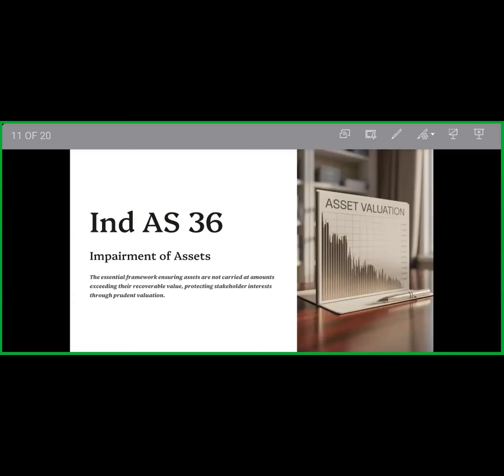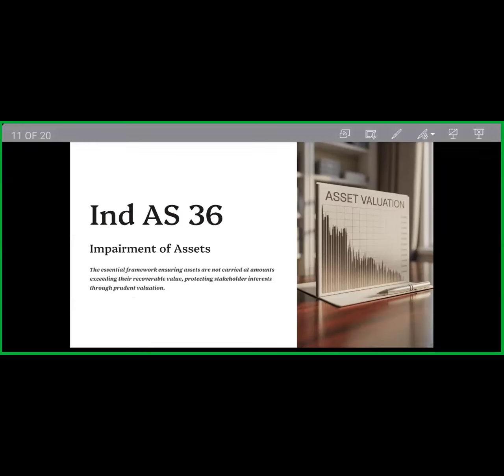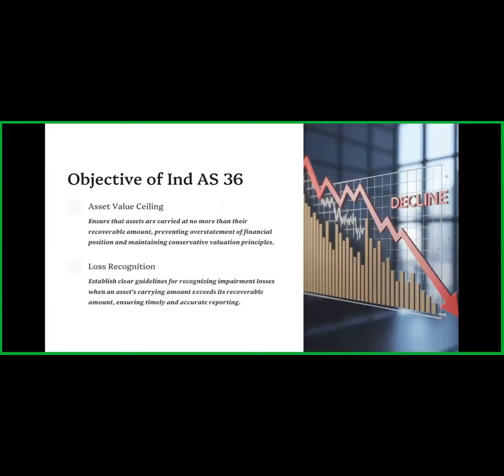As per Indian Accounting Standard 36, this is how the impairment of assets is mentioned in the financial statements. The objective of Indian Accounting Standard 36 is the asset value ceiling, that is, to ensure that assets are carried at no more than their recoverable amount.